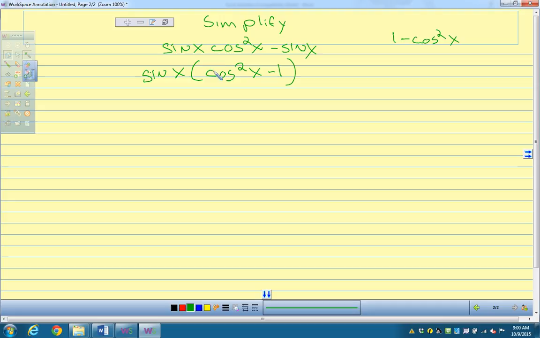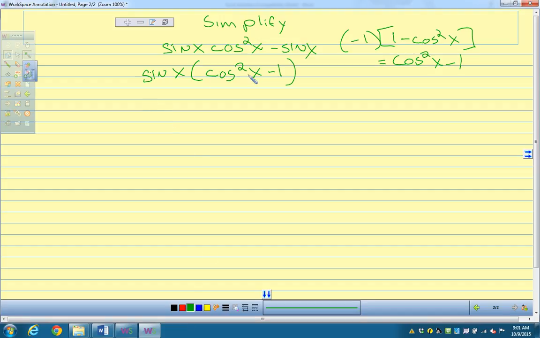Multiply by negative 1. Yeah, so if I were to multiply this by negative 1, this is kind of a trick that you have to use once in a while. Multiply this through by negative 1, that makes this positive and that negative. So this is equal to cosine squared x minus 1, right?